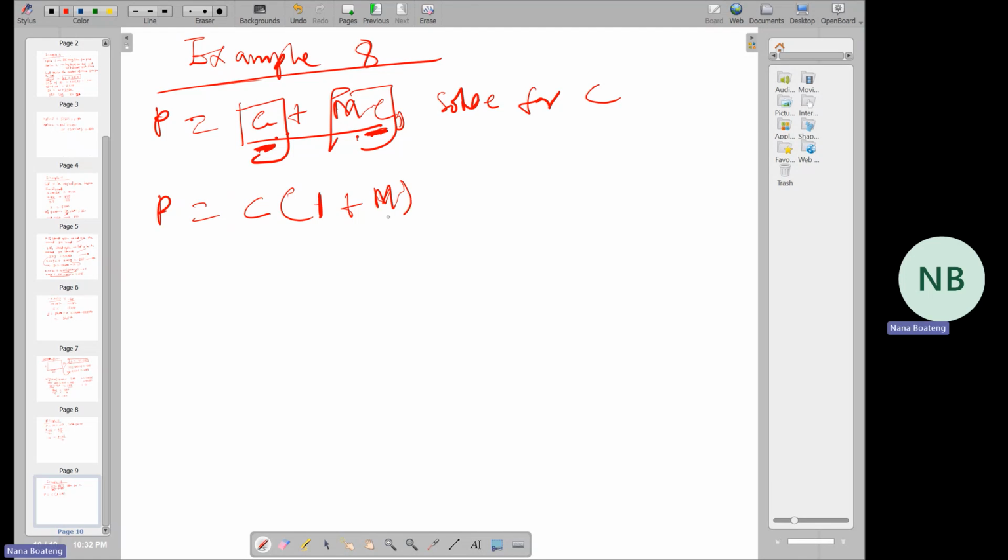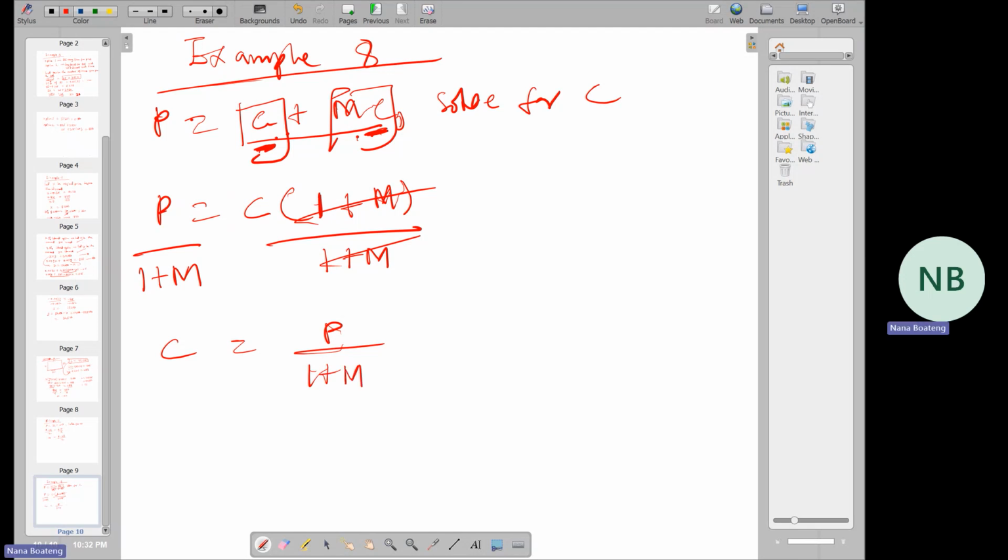Once we factor out C, we want the C to be by itself, but it's being multiplied by 1 plus M. So we divide both sides by 1 plus M. And so that gives us C is equal to P divided by (1 plus M).